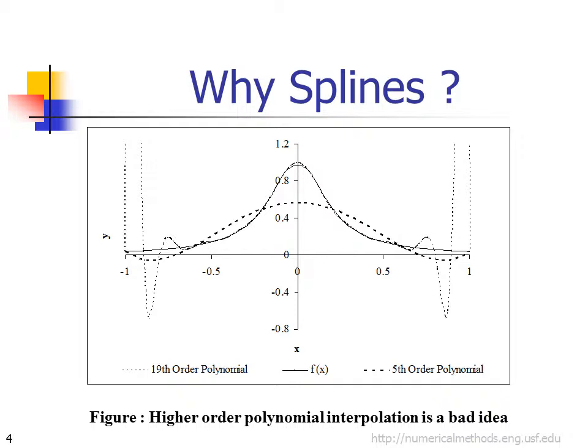Here the same thing is shown, and what is shown is that higher order polynomials are not good. You see that the exact function is this, the fifth order is the dotted line, and the 19th order has so much error that you can't even see it. So it is a good idea to keep it short, up to third order, fourth order, maximum fifth order polynomial.